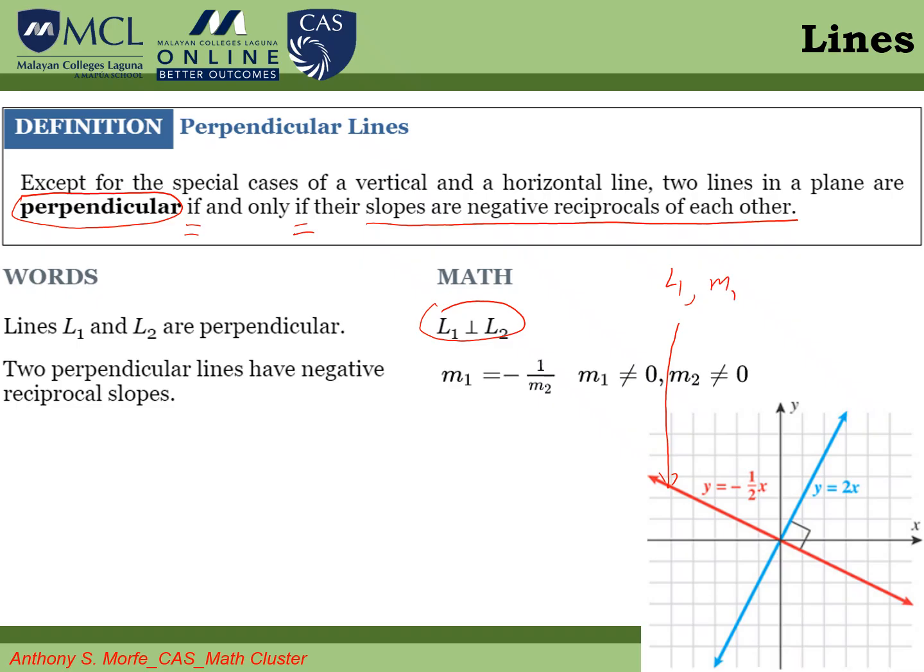Then similarly, if this is our line 2, L2, then the slope is M2.